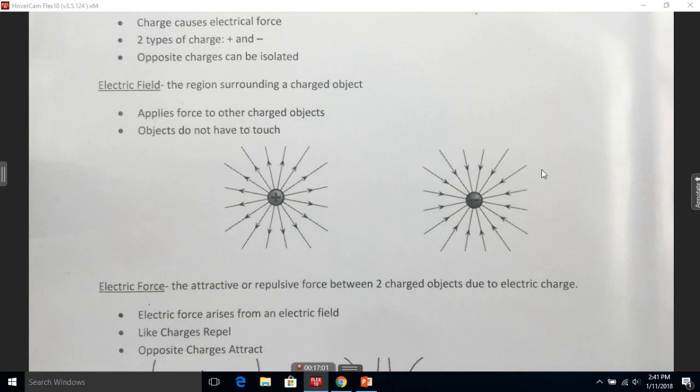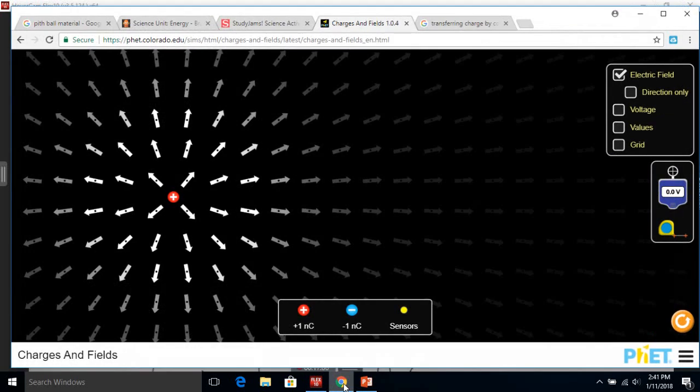So if I take my little positive particle here and I put a negative in there, what's going to happen? Attract? They're going to attract. Is the attract going to be a push or a pull?